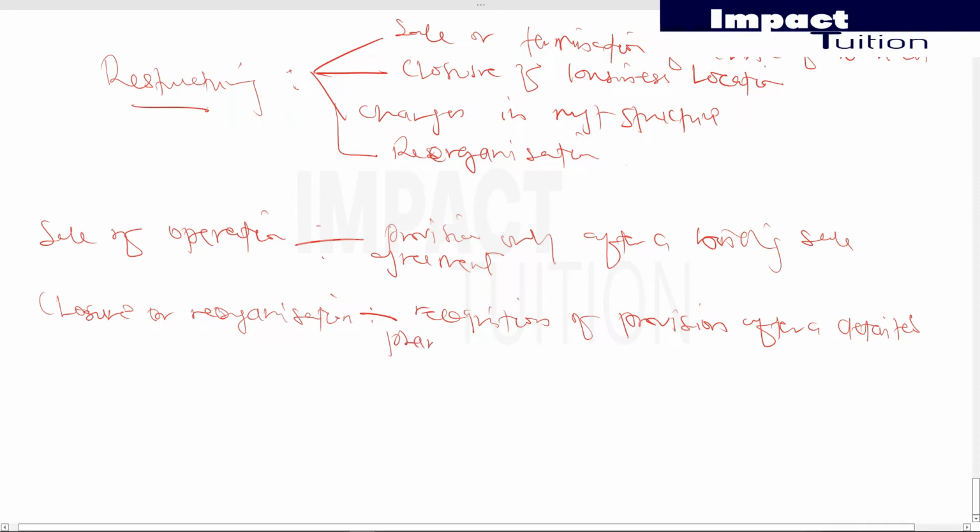A detailed plan is adopted and has started being implemented or announced. You see the keywords here: implemented or announced.